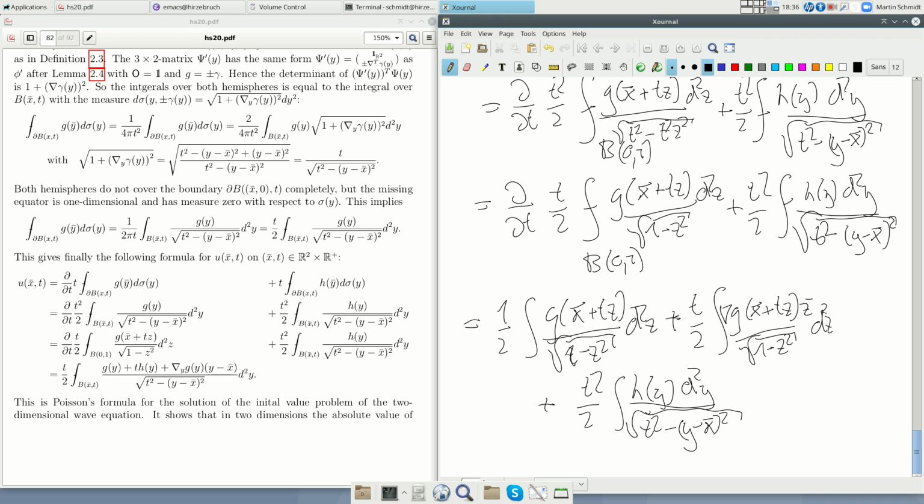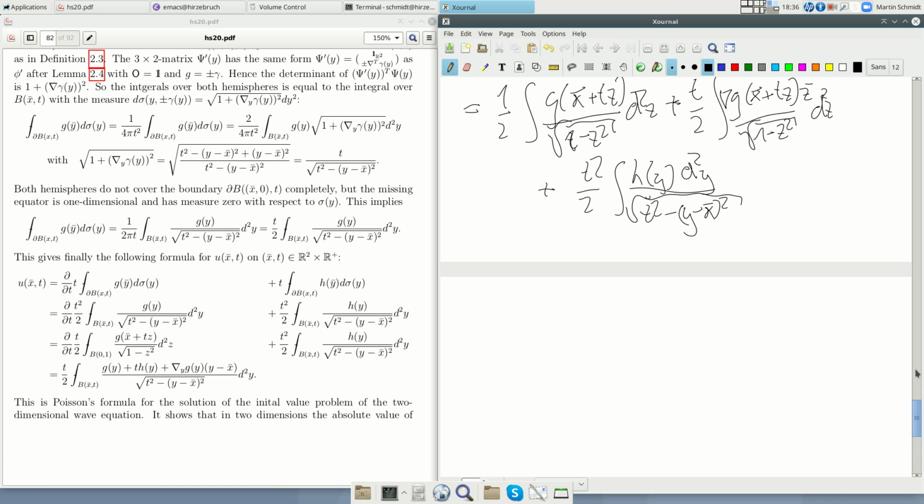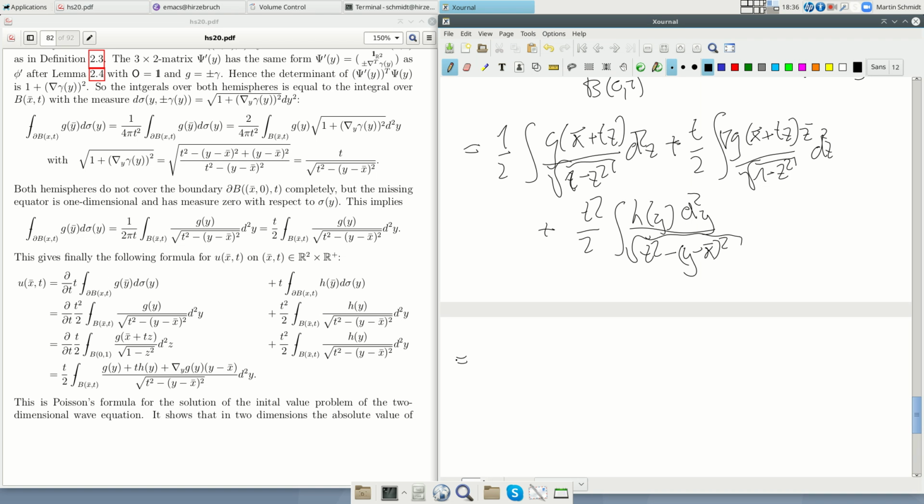Okay. And now we do the transformation back. Yeah, and again write this as integrals over the unit ball and integrals over the x, t ball. Now we calculate this back. Yeah, then here this is a 1. Then we get this extra factor back, so for this reason we get an extra t back.